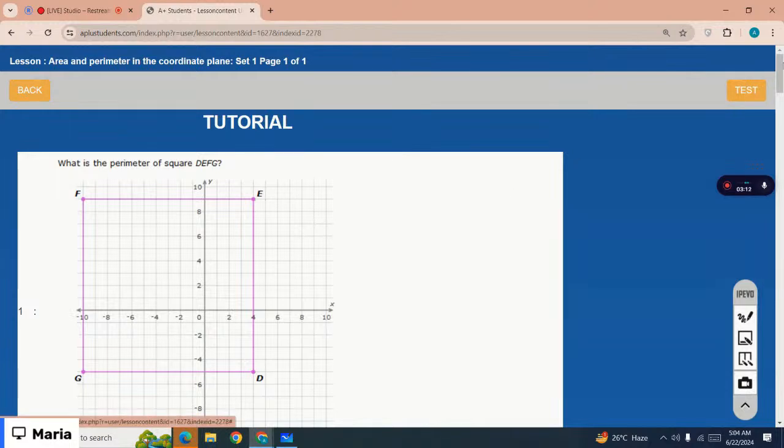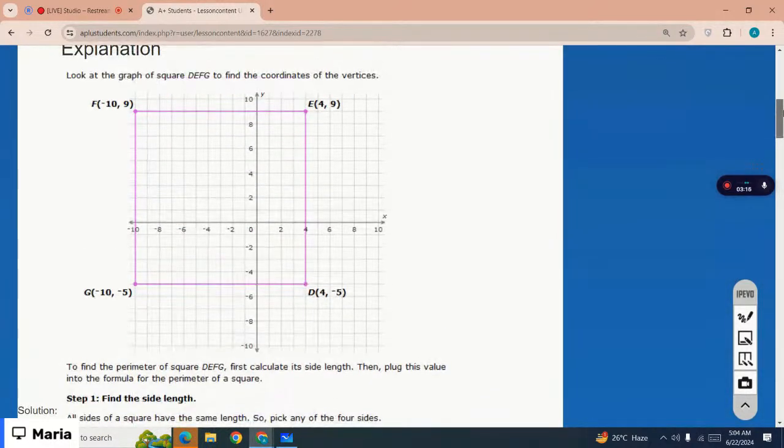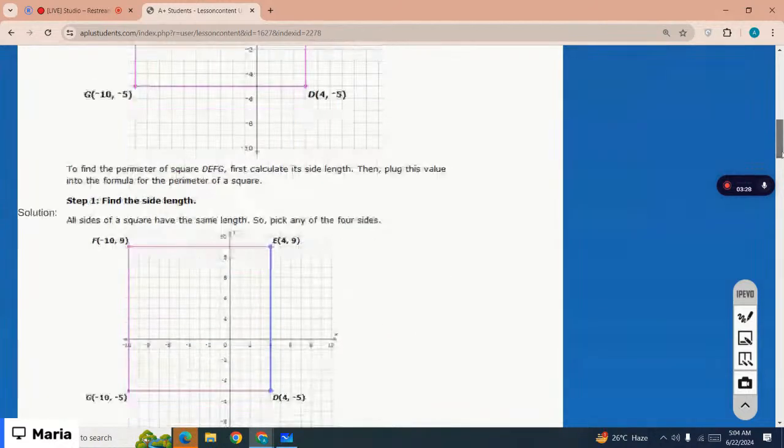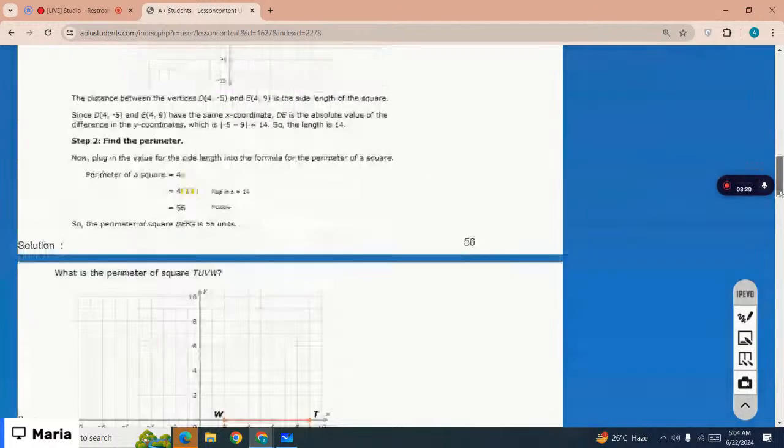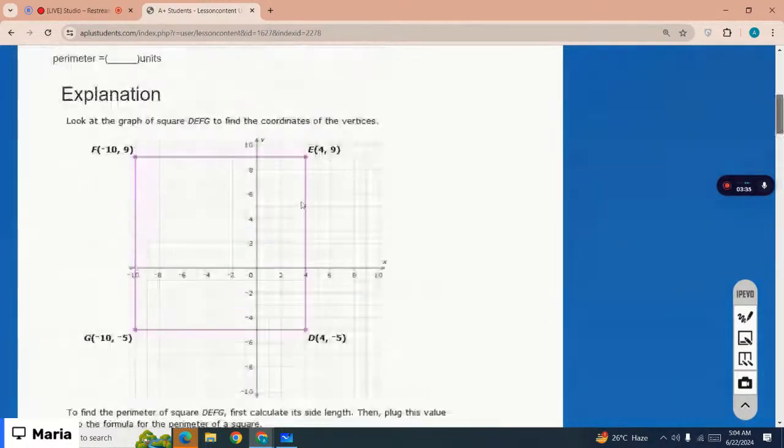First, you have to find the side lengths and then you have to calculate the perimeter. How do we find the side lengths? Just look at the coordinates of their vertices, right? Find their coordinates, then you can find their side lengths. For example, here the x component is the same, right?